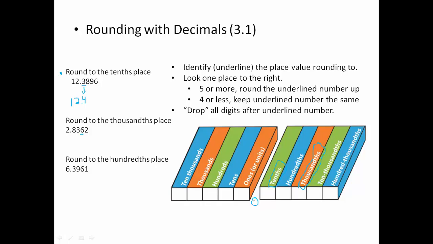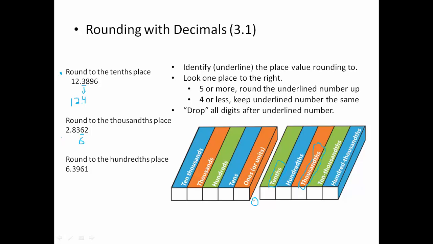And here it is. It's the 6. Again, I have to look one place to the right to decide what to do with that 6. The 6 doesn't tell me whether to round up or not. It's the digit to the right. To the right of the 6 is a 2. Well, that's firmly in the 4 or less group, so that means I'm going to keep that 6 the same. It's the underlined number that I'm making a decision about. So the 6 remains a 6.